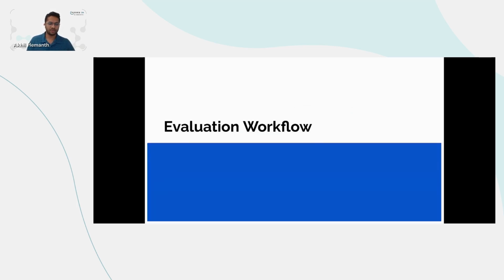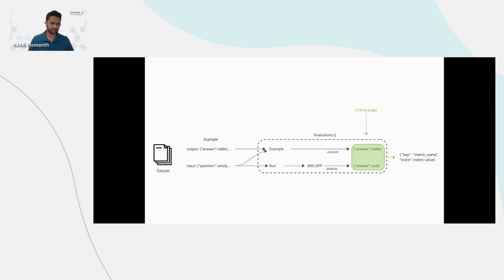So let's talk about some of the evaluation workflows that exist. The one that I'm using is the one that is inbuilt with LangSmith, and it's something like this. You have a data set, a list of questions and answers, and that is the ground truth. Every time, to test the authenticity of the RAG app, you send the same question from the data set to the RAG app, and you get an answer, as you can see on the right side.